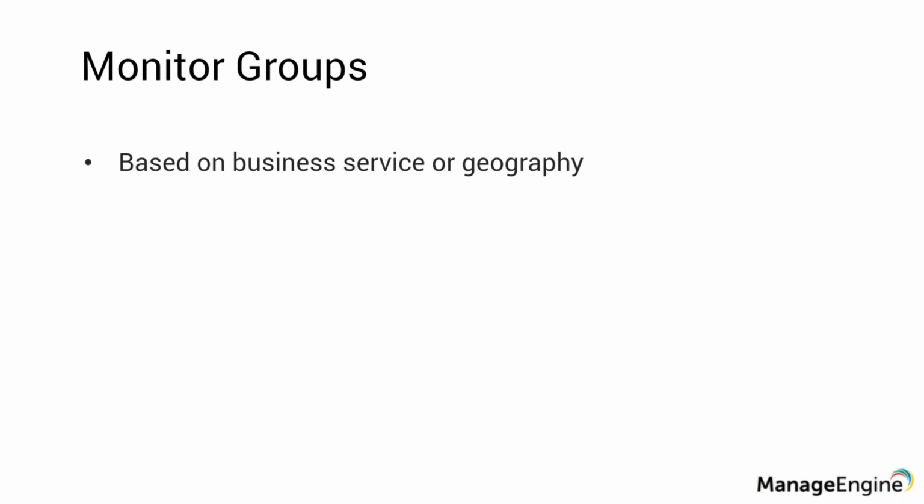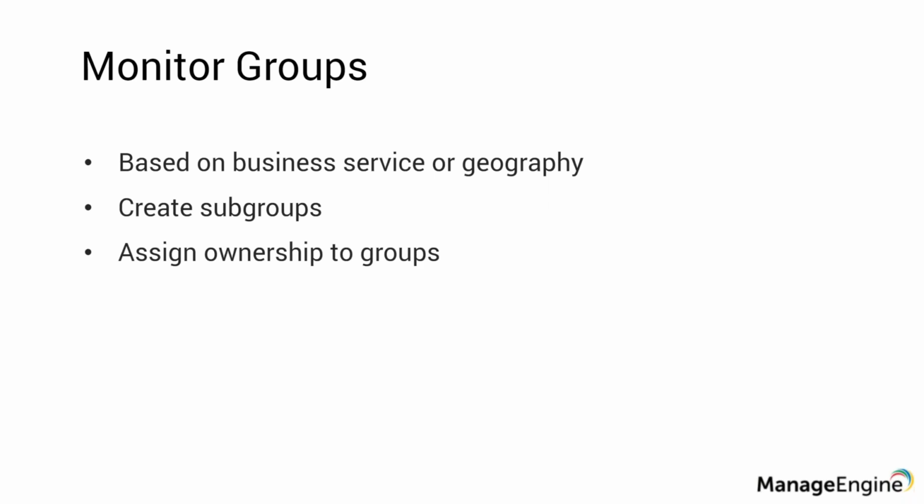Now I could also create monitor groups based on geography. Assuming the same business service, Global Travel App, if I were to operate that service from a particular geographical location, I might as well create a monitor group with that geographical location's address. Besides creating a monitor group, you can also create further subdivisions within these groups, that is subgroups, and you can assign ownership to groups.